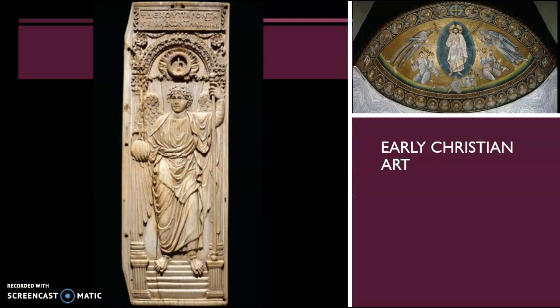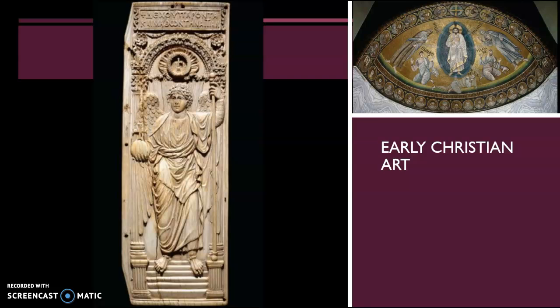Along with that, early Christian art has a very similar style to Romans and Greeks. On the left here, you can see a little carving of the Archangel Michael, but he is depicted in a similar way to how the goddess Nike has been depicted, similar in his stance and in what he's holding.